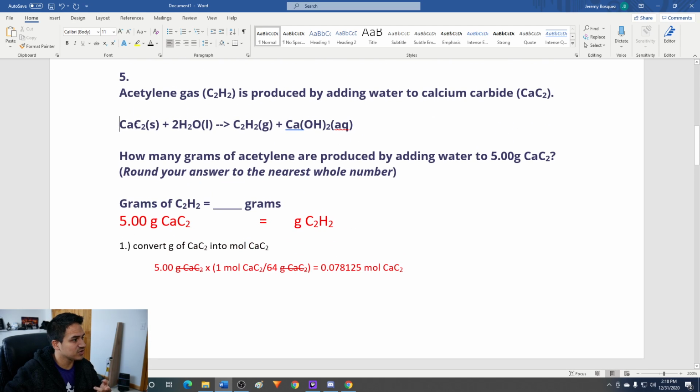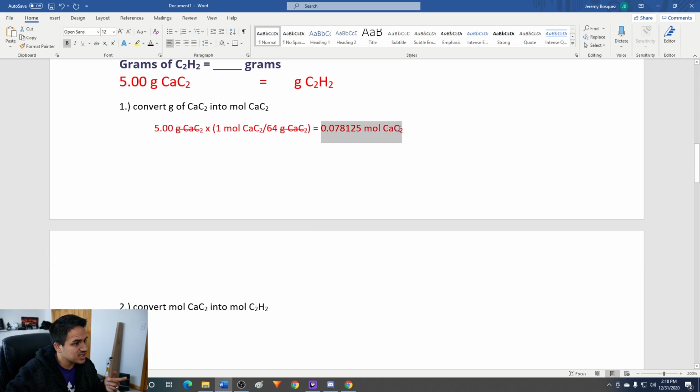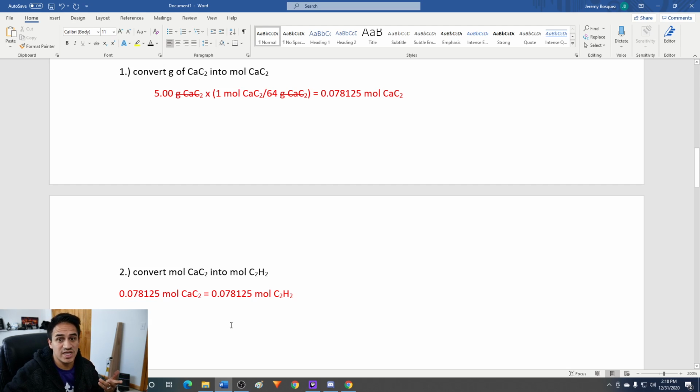Here it looks like it is a 1-to-1 ratio. So the amount of moles of calcium carbide that we have is the same amount of moles of acetylene, which means the answer we had in step 1 is going to be exactly the same for the acetylene. For every 1 mole of calcium carbide, it's 1 mole of acetylene, which means they're the same. We literally don't need to do any math for this. We can just go, yep, same stuff.